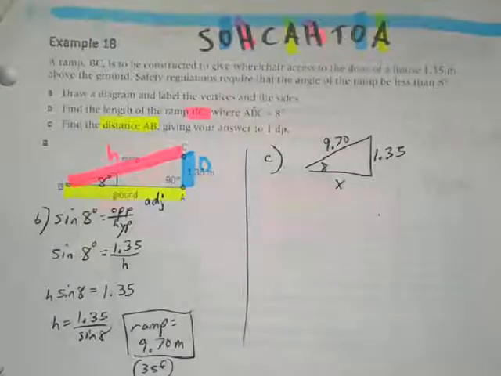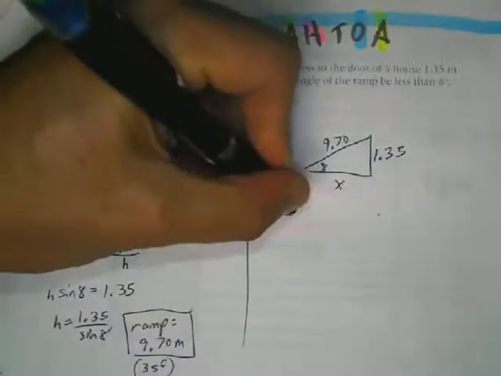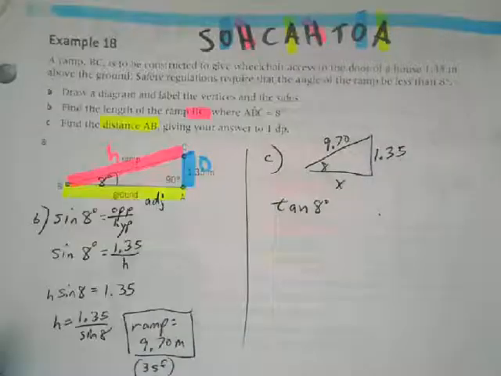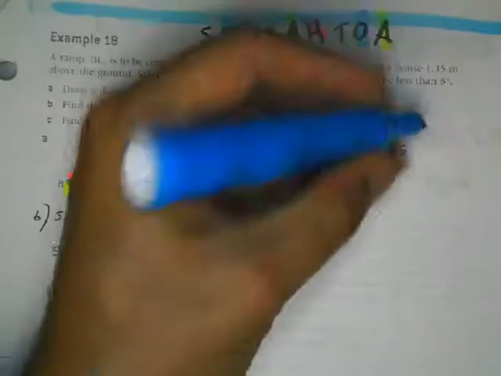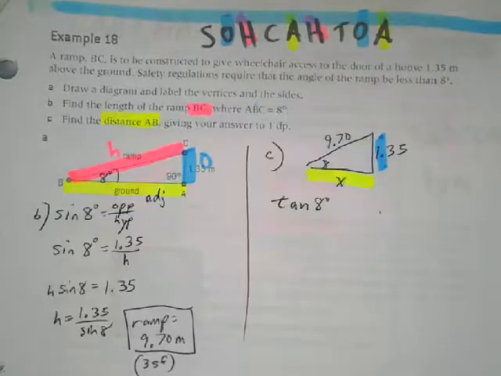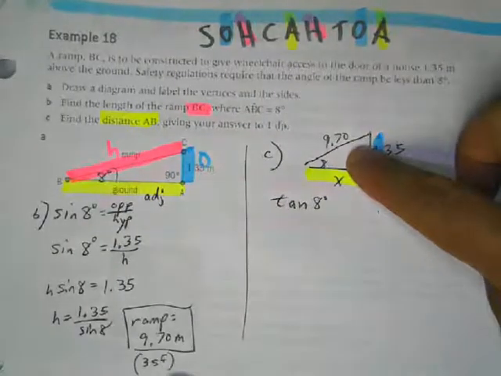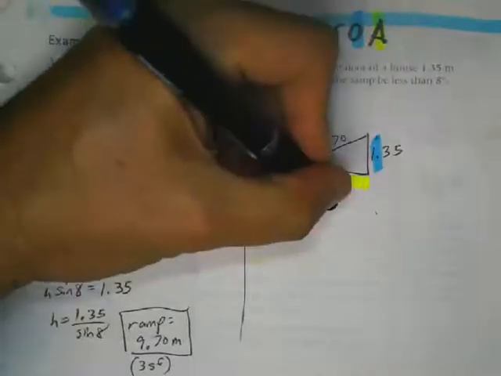We could do this a couple of different ways. I'm going to use tangent. I could have used my answer from part B and used cosine, but let's just do it the way I've got it set up here.